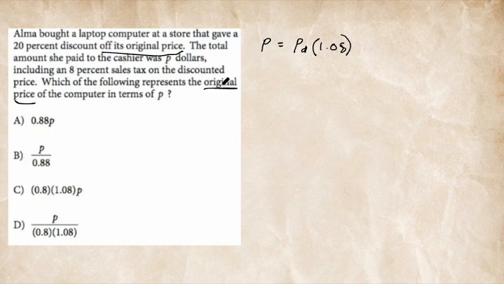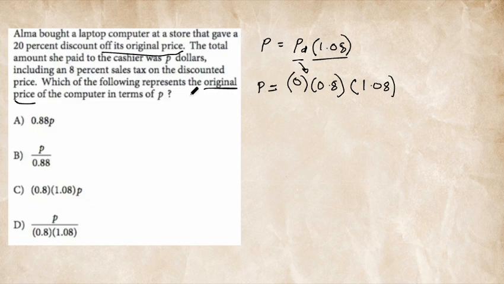So instead of price after discount, we can simply write the original price O times 0.8, which is 80%. So this is equal to the price after discount, and then we copy over the 1.08. This is the price that she paid.